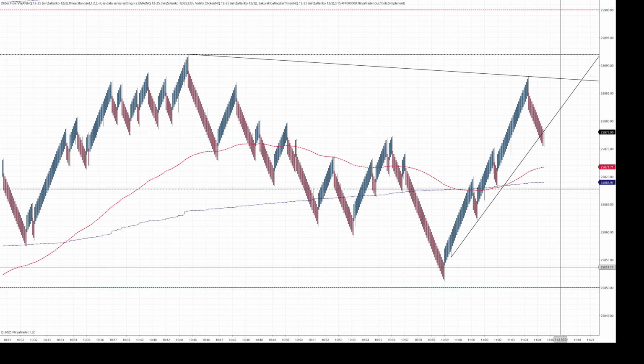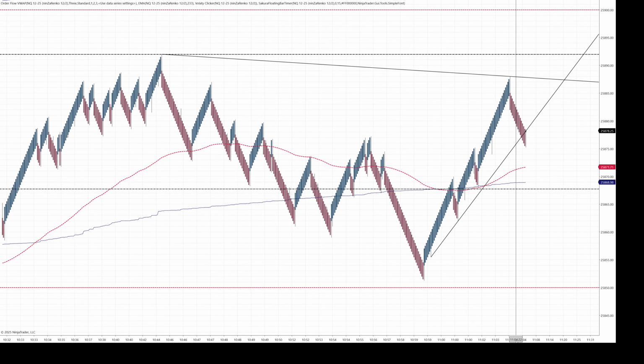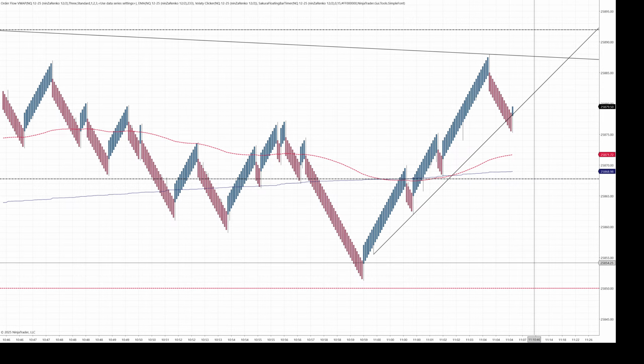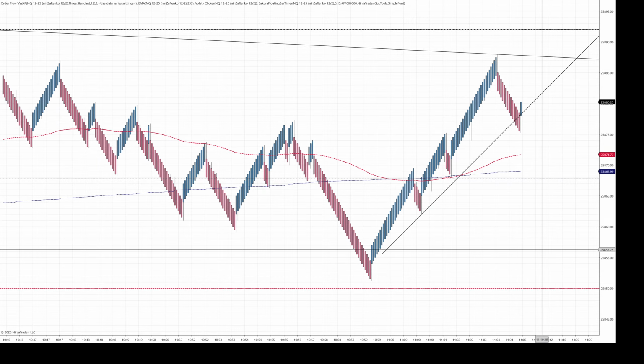If it comes back down to the T line, we can take that reversal back higher. Not anymore though.